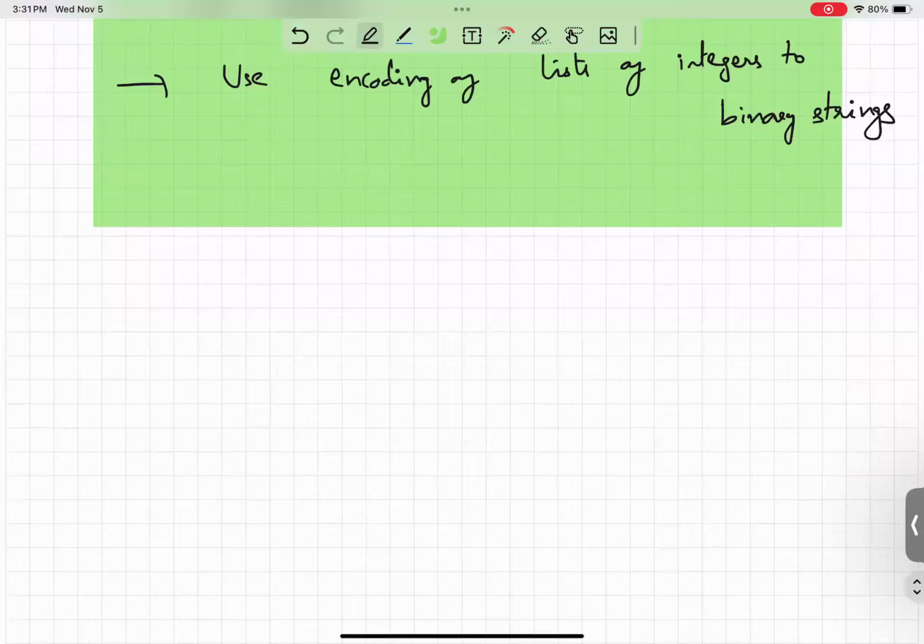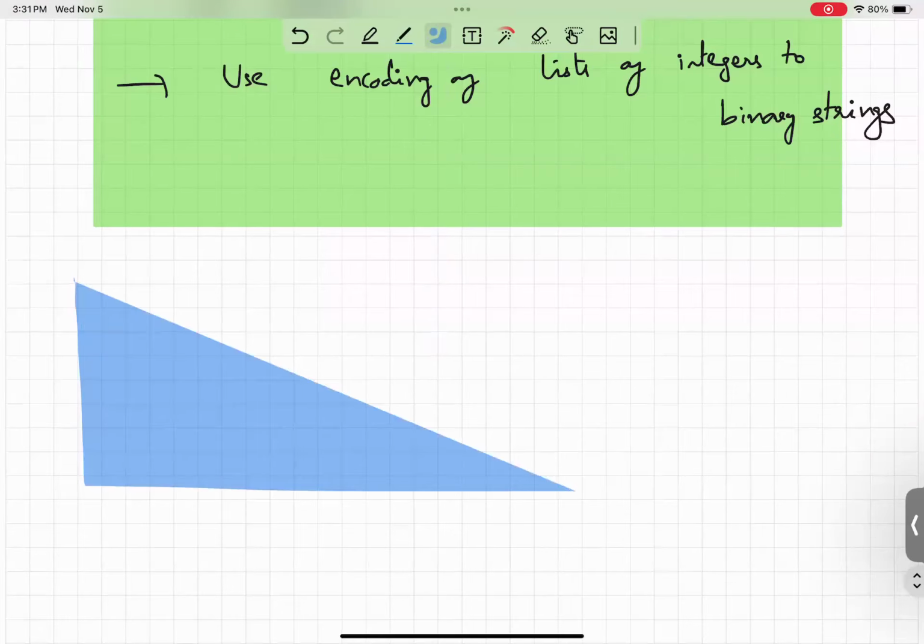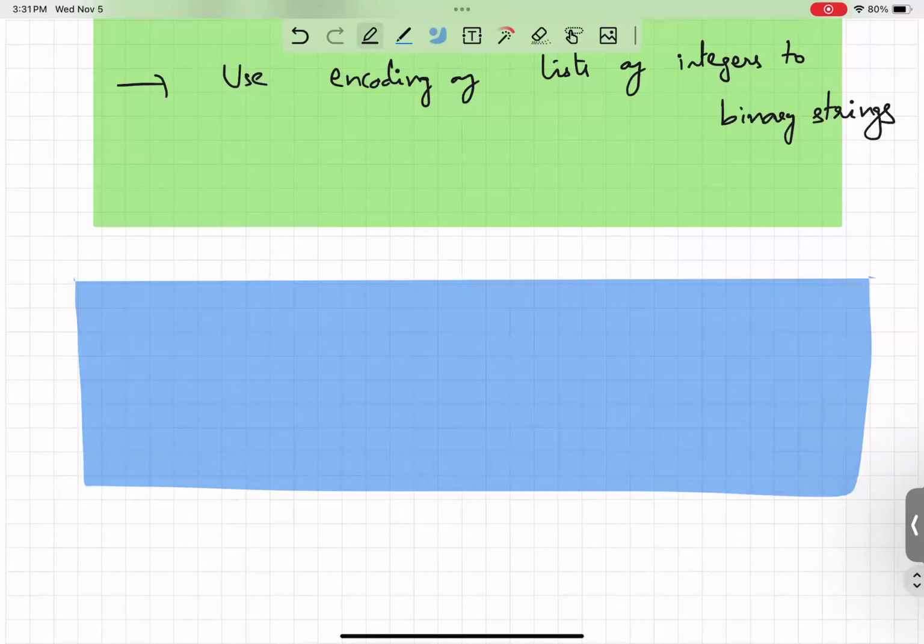So what is the summary here? The punchline is the following. We can map, let's call it encoding TM for Turing machine, not for trademark, which maps any Turing machine to a binary string. Okay, and it's a reasonably efficient encoding too, right?